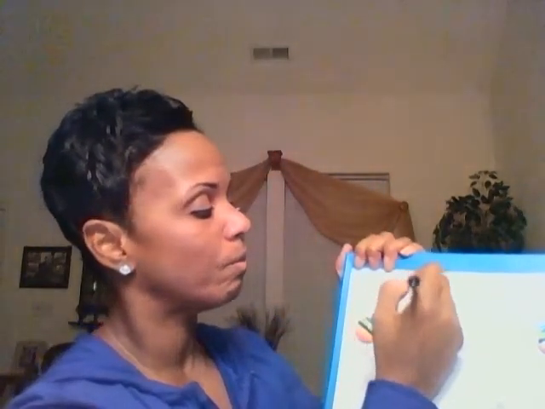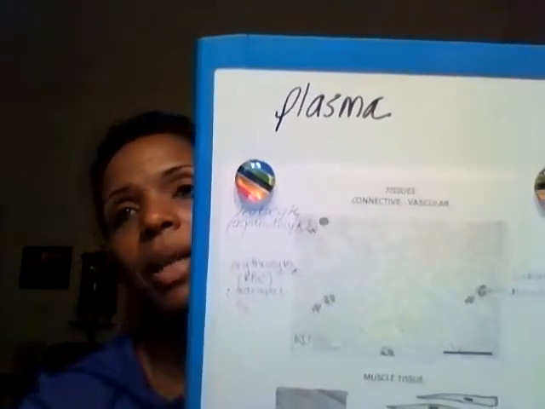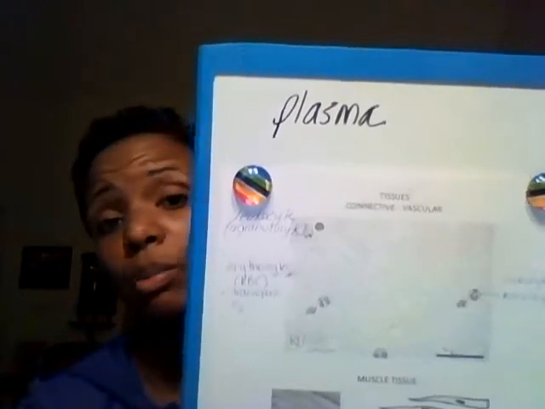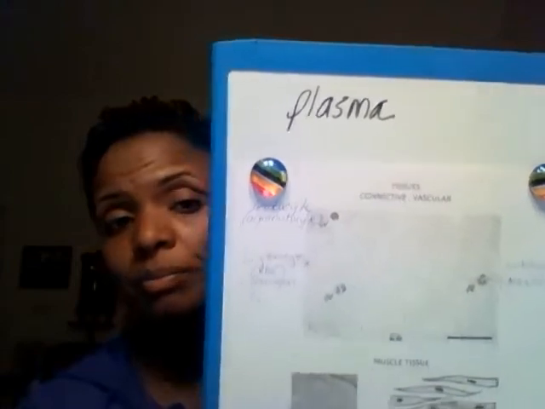All of these formed elements would settle at the bottom of the test tube, while a liquid that's straw colored called plasma would be at the top. The plasma is composed mainly of water, and it nourishes all of the formed elements.